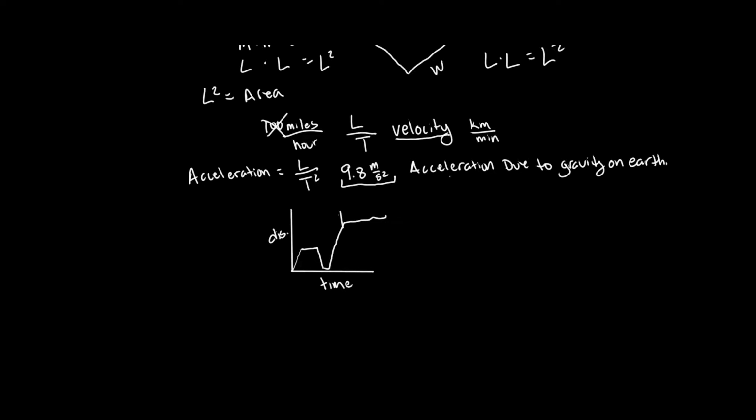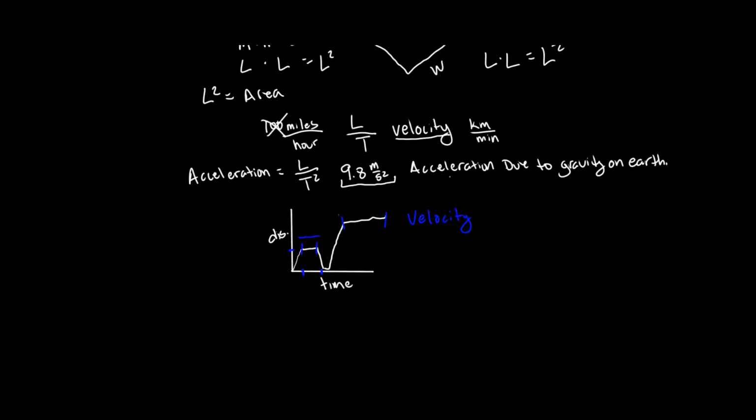These areas here, matter of fact, let me do this in a different color. These areas here, these are velocity. Because here there's clearly a steady distance that you're going for this period of time, right? So for that whole section here, you are going this distance per this time, and that creates a velocity.